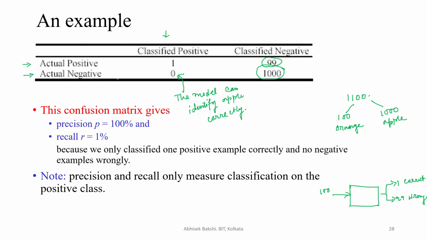So misclassifications are represented by this circle and this circle, and correct classifications are represented by this square and this square. Okay, and depending on that, precision and recall will be computed.